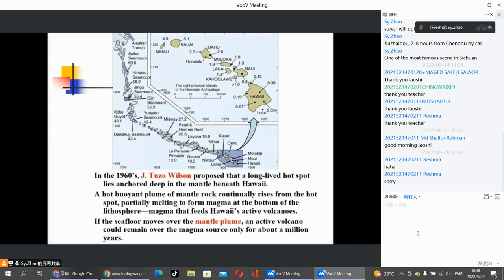If the seafloor moves over the mantle plume, an active volcano could remain over the magma source only for about a million years. The island of Hawaii is currently in its mature stage of development, but as the island moves off the nexus of the hotspot, the erosion process will take over and eventually reduce the island to a low-lying pile of volcanic rocks and debris.